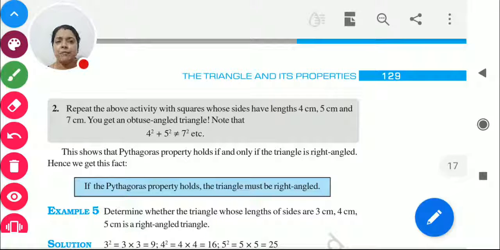If you need to find out whether a triangle is a right angle triangle or not, you can easily go through this Pythagoras formula, this Pythagoras trick, and you can get to know exactly whether it is a right angle triangle or not. If the right hand side matches the left hand side, we can easily say that yes, it is a right angle triangle. If it is not matching, it will not be a right angle triangle.